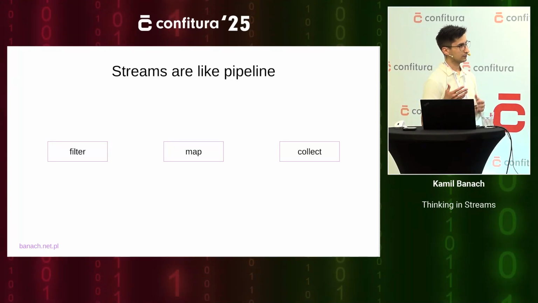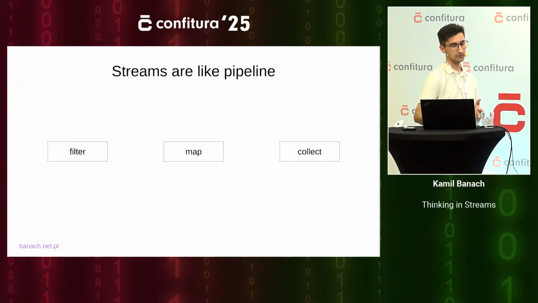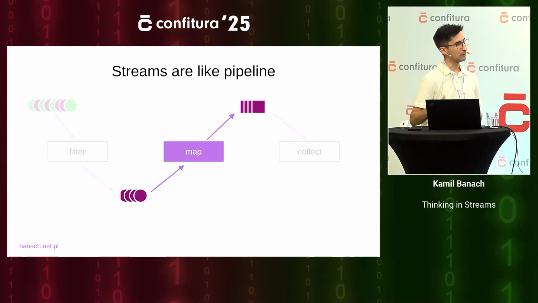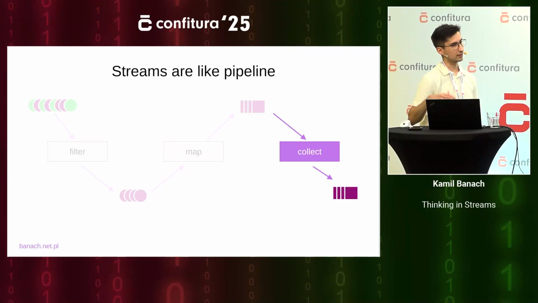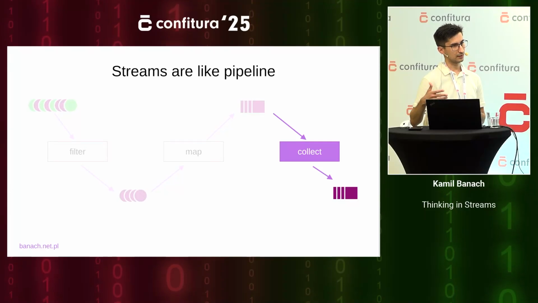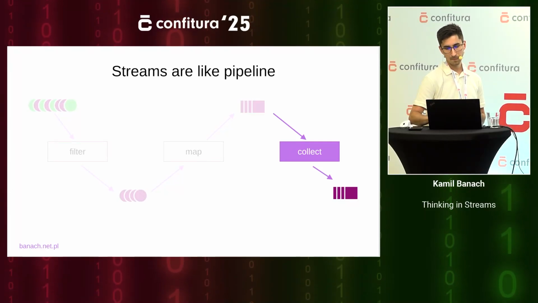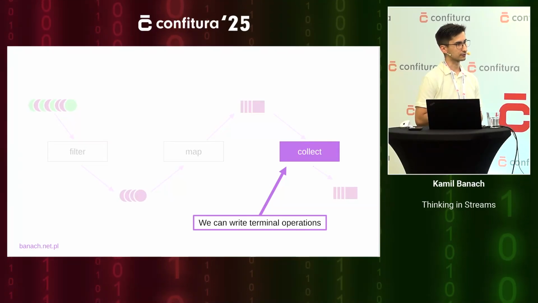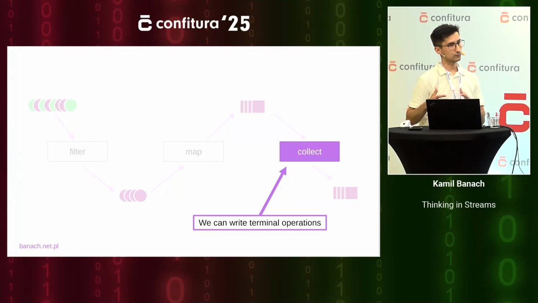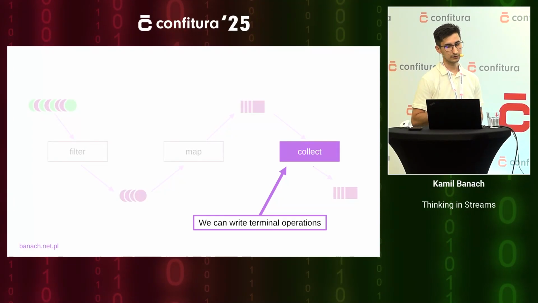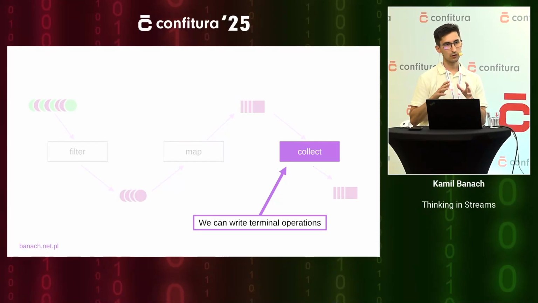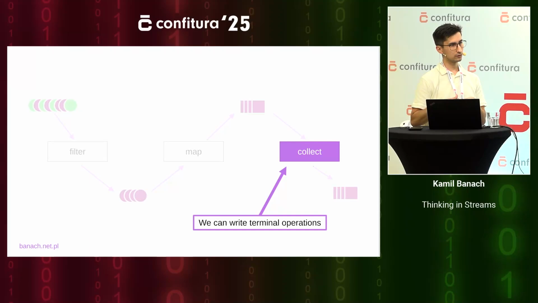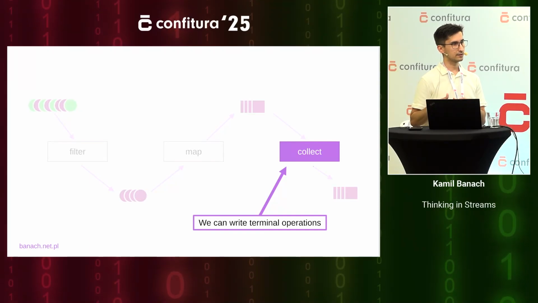So we have the streams: we can filter, put some data, map them, and collect, and only when we collect can we get the results. And we can only write new terminal operators, using the Collector interface.